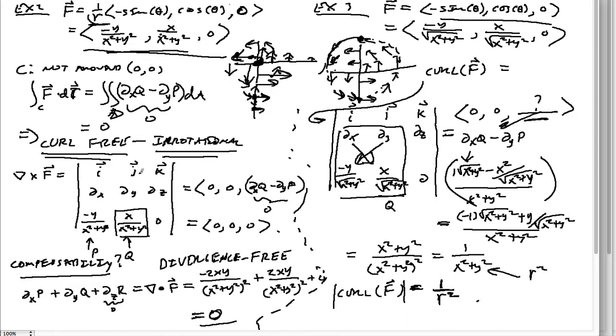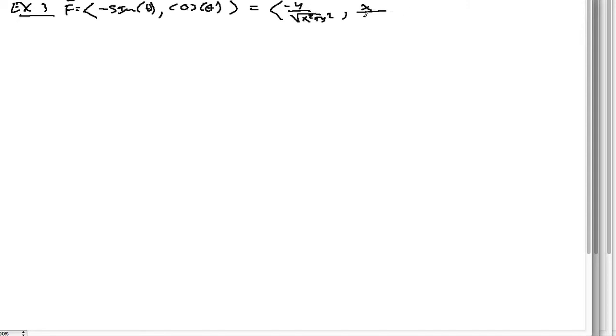All right, so we'll go to the last page, and we'll keep going with example 3, and that was f equal to negative sine theta, cosine theta, which we write as negative y over root x squared plus y squared, x over root x squared plus y squared, comma 0.